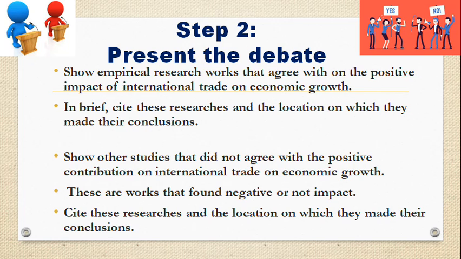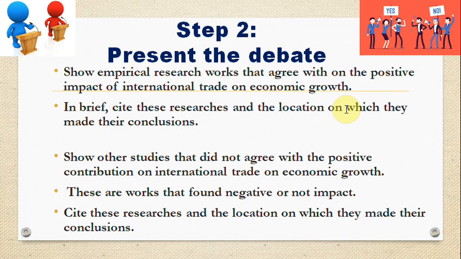So in the statement of problem, that's why you throw up figures. You cite authors. You may cite 5 persons or 4 or 3 that have said this actually has positive impact, and they agree with that theory. When you do it, you briefly cite the researcher, and the location on which they made their conclusion.